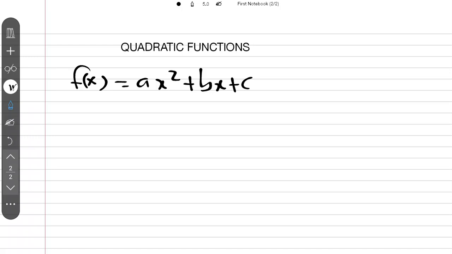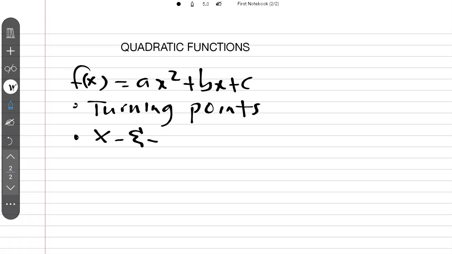Okay, so now what do you need to know about quadratic functions? Obviously you need to know how to find the turning point. What other thing? The x and y intercepts.